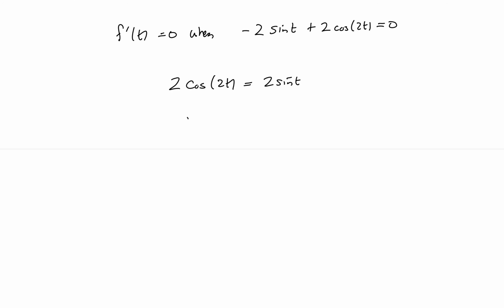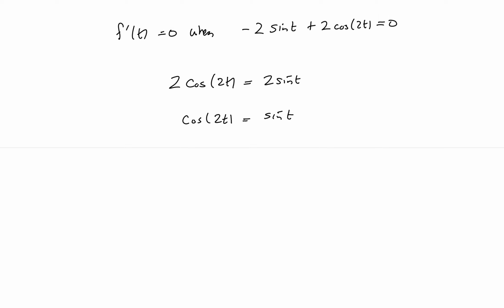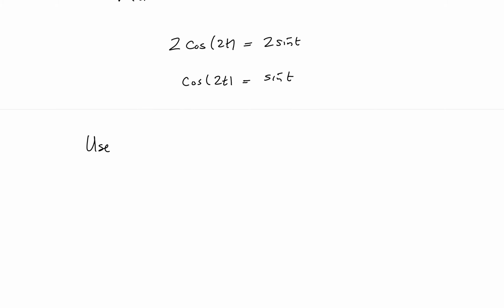We can cancel those 2's out, so I have cosine of 2t is equal to sine of t. And now this isn't so obvious how to solve, so we can use a trig identity. Again, I wouldn't expect you to remember this, but maybe remember that there is one that you could look up. So cosine of 2t is 1 minus 2 sine squared of t.